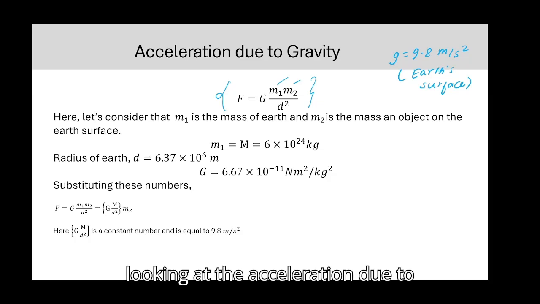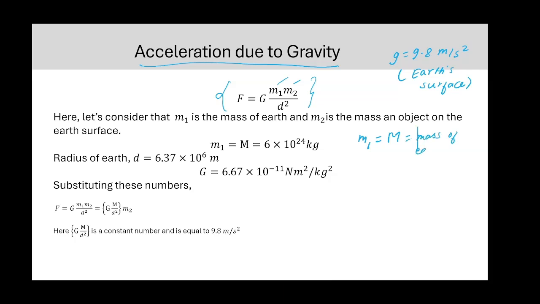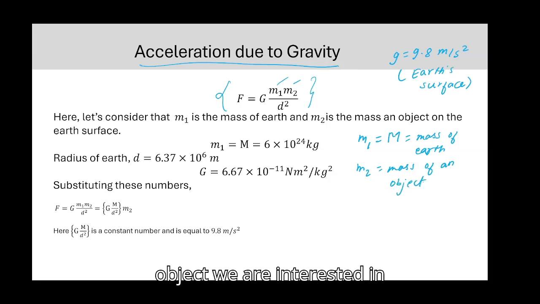If we are looking at the acceleration due to gravity of Earth, we can say one of the masses, m1, is equal to the mass of Earth, and another mass, m2, is the mass of an object we are interested in.